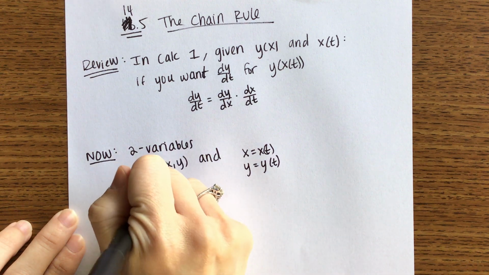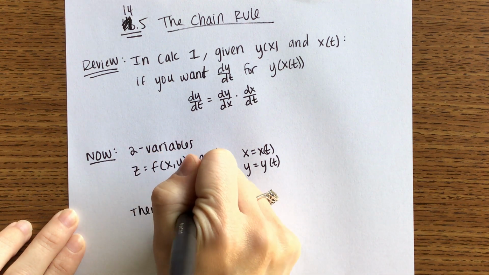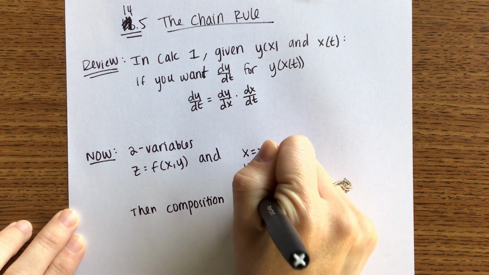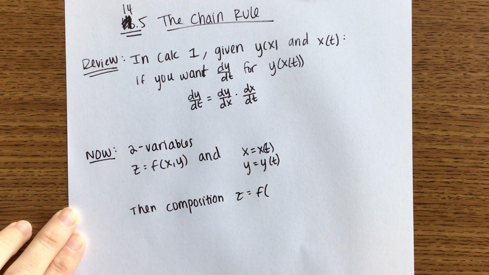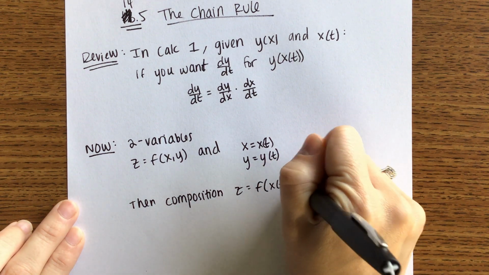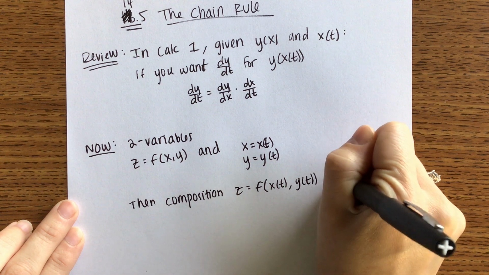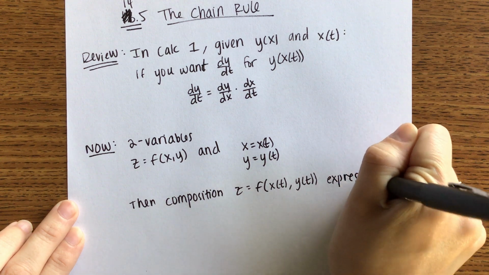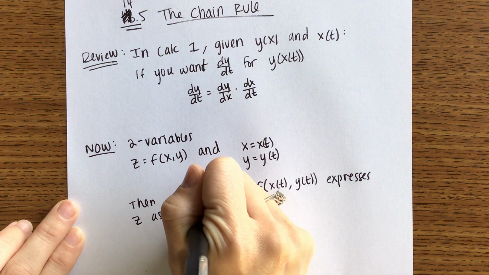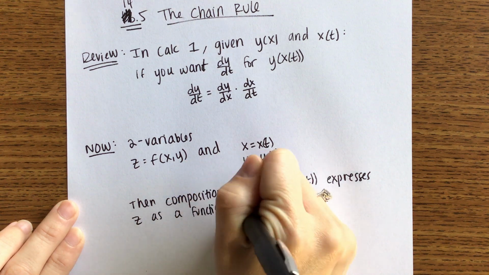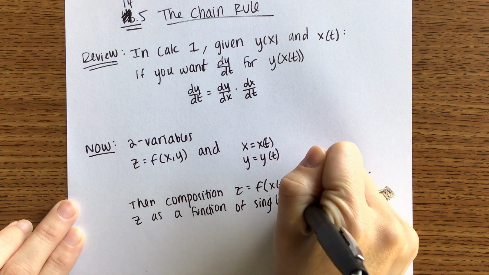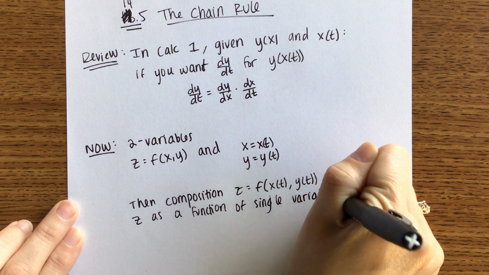So then we can write z as a function of just t, a single variable. So it's f of x of t and then y of t. So that expresses z as a function of a single variable, which is t.